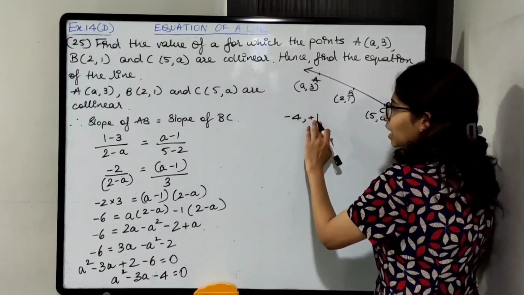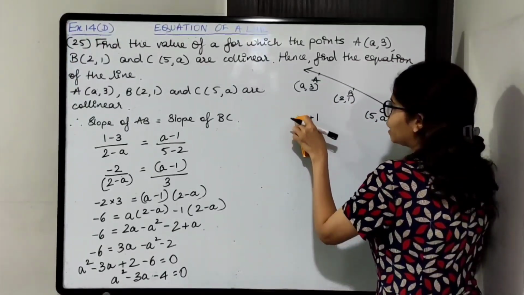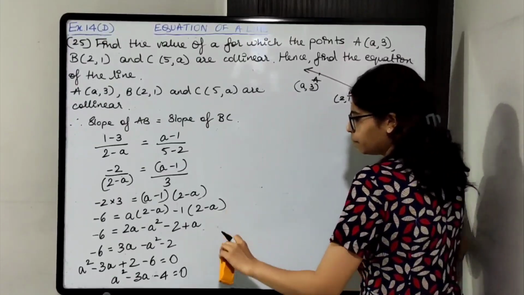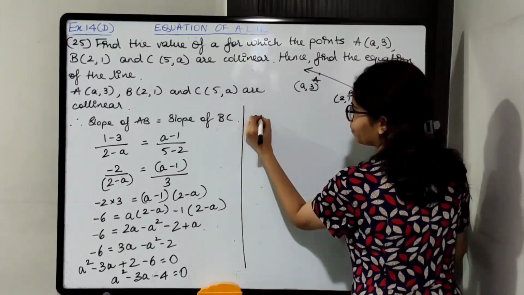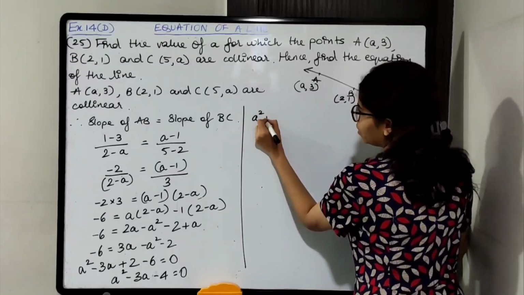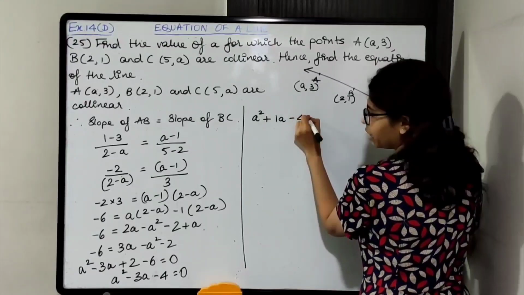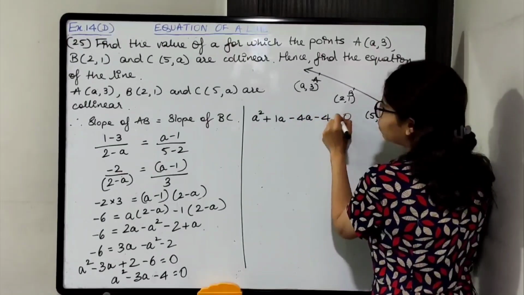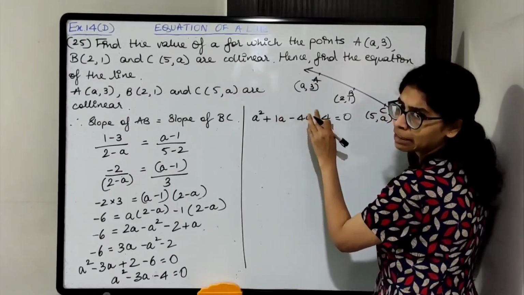So minus 4 and plus 1, alright? So minus 4a and plus 1a are the factors. So a square plus 1a minus 4a minus 4 equal to 0. This order does not matter. You can write this first and this afterwards.